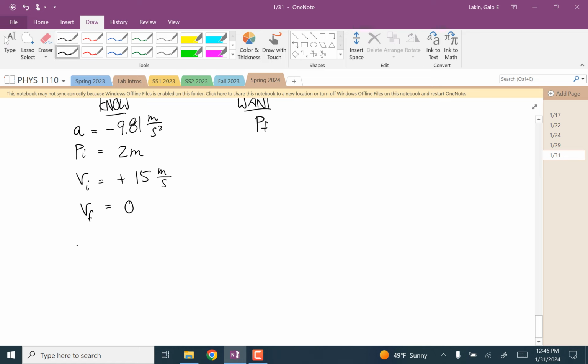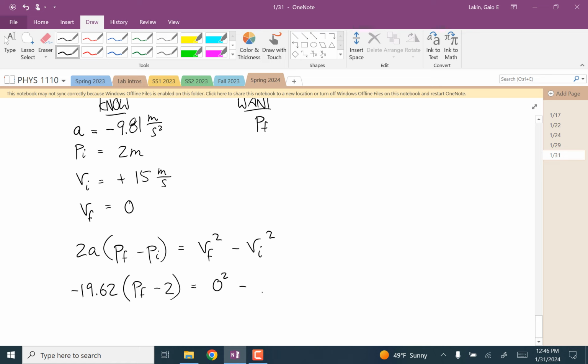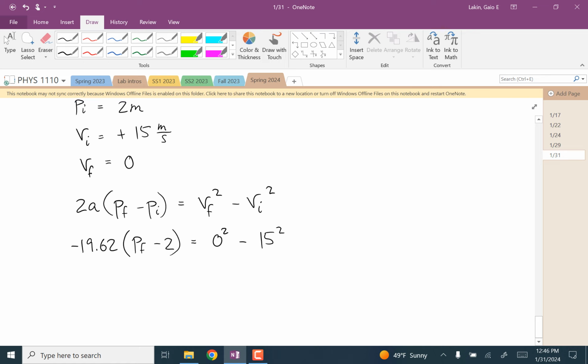And so the equation that works is this one, 2a times quantity Pf minus Pi is equal to Vf squared minus Vi squared. So negative 19.62 times the quantity Pf minus 2 is equal to 0 squared minus 15 squared.